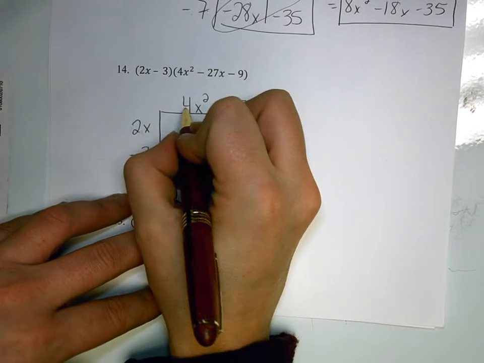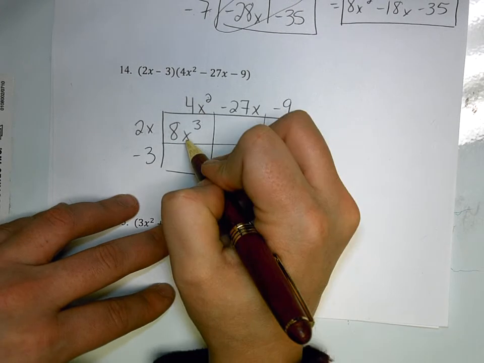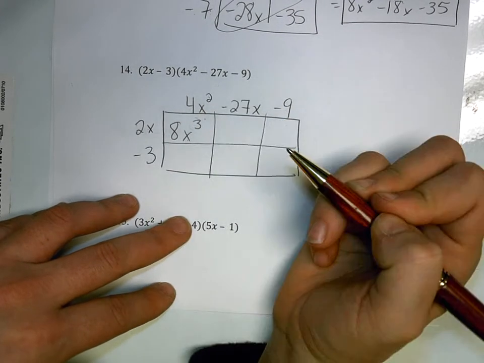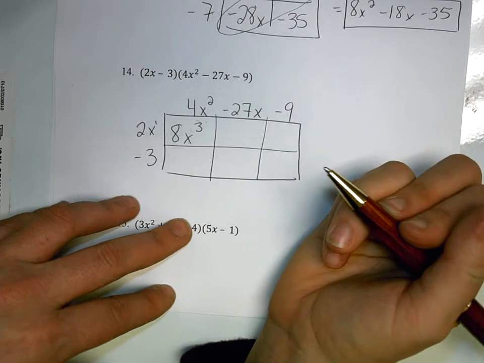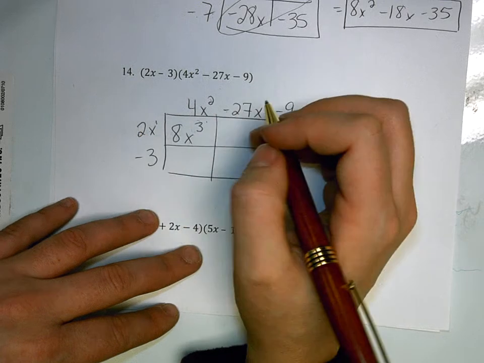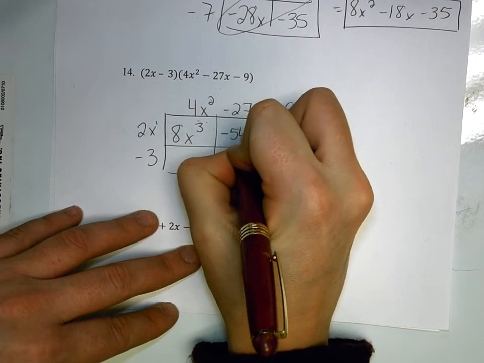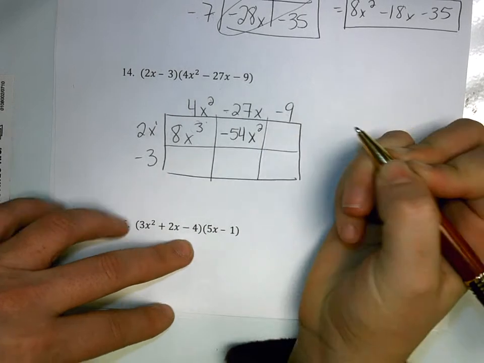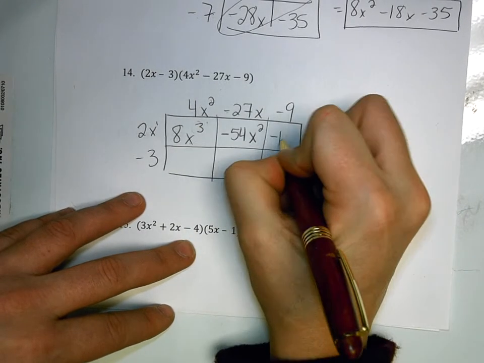So 4x squared times 2x is 8x cubed. Remember, when we're multiplying, our exponents can increase. So since I have 2 here and an exponent of 1 over here, I have a total of 3. Negative 27x times 2x is going to be a negative 54x squared. And negative 9 times 2x is negative 18x.